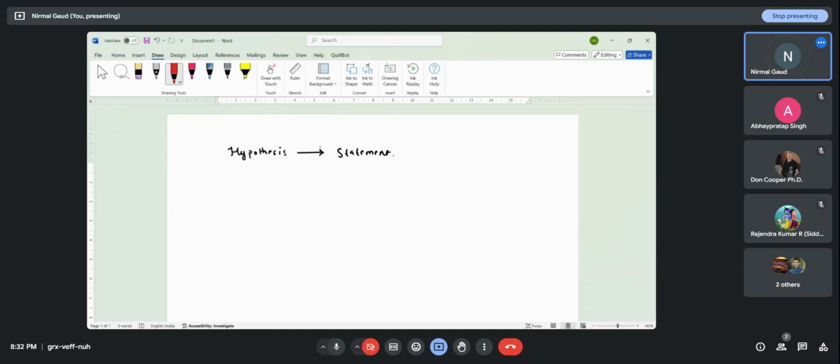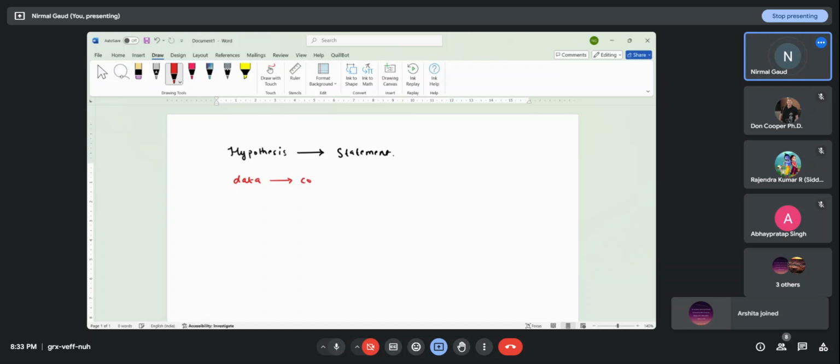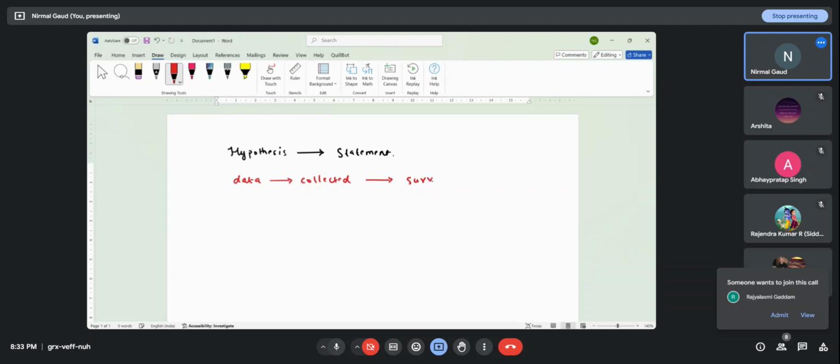And we are available with data. That's what we have collected. And in the collection we followed a process, and that process may be a survey. One of the processes I'm just talking about is a survey.